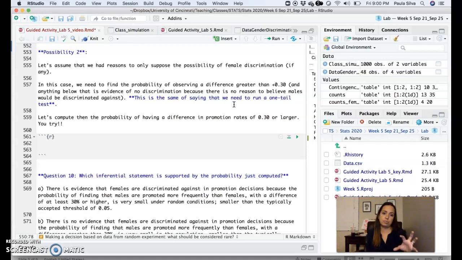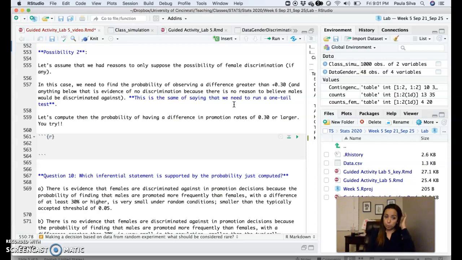In the case of sex-based discrimination, all evidence points to, if there is any discrimination, it is against females, not males. All right.